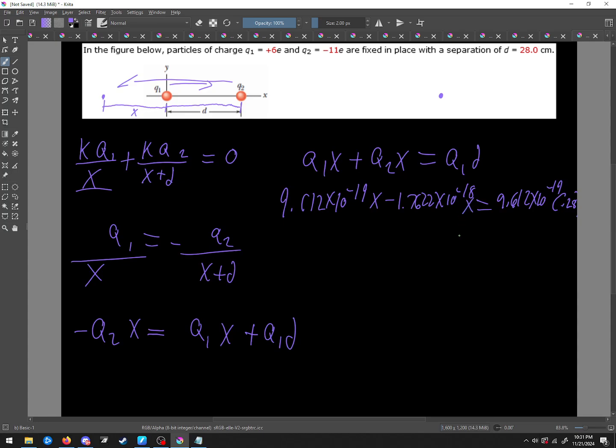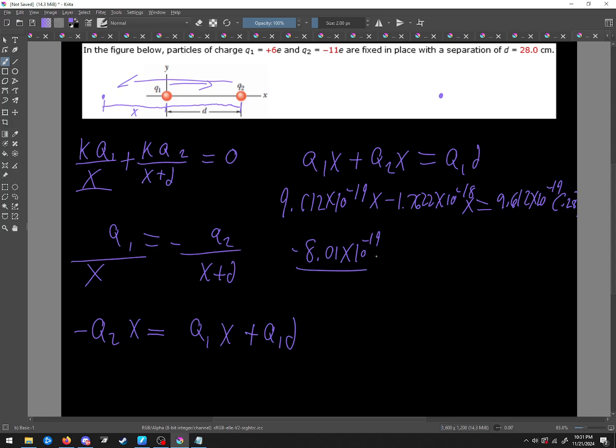That's also x. So what happens when we take this and subtract that? Now we're left with negative 8.01 times 10 to the negative 19 x.